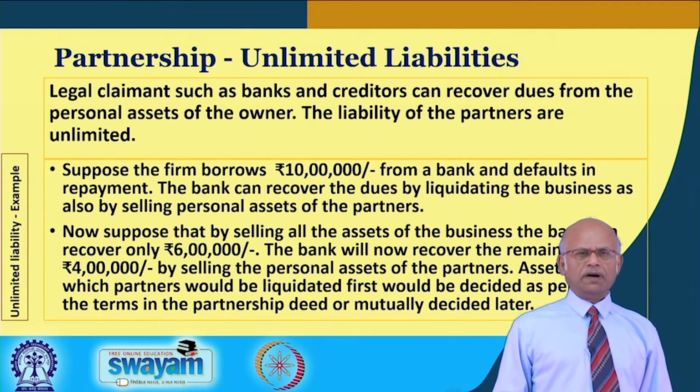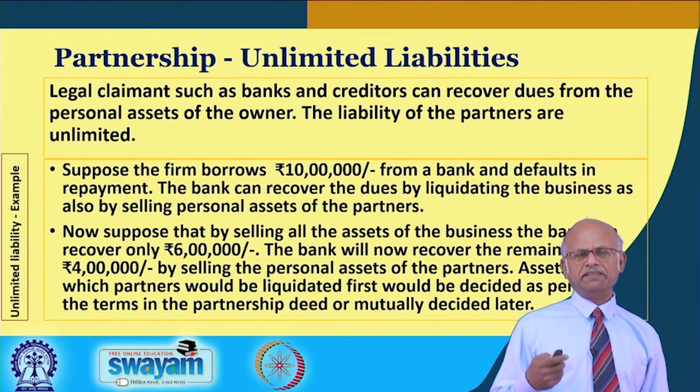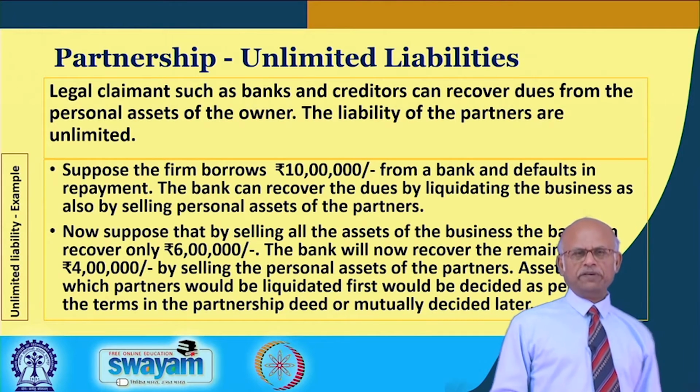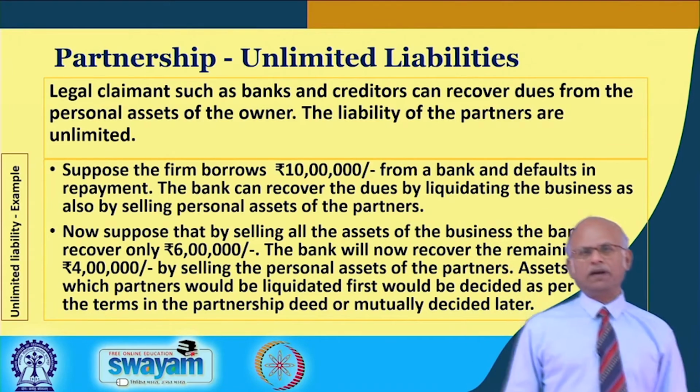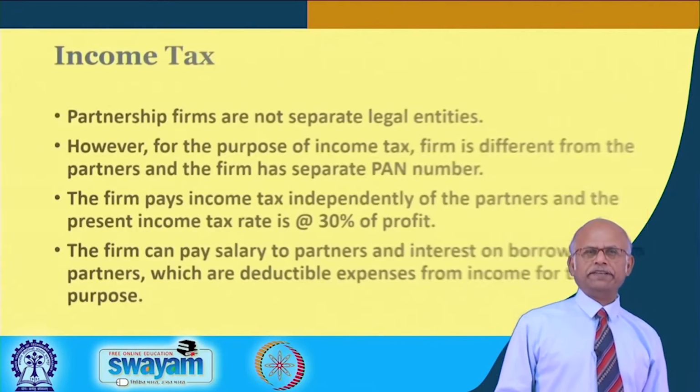Whose assets will be liquidated first is a decision that should be enshrined in the partnership deed, or they can decide whenever it arises which particular asset of which partner should be liquidated.